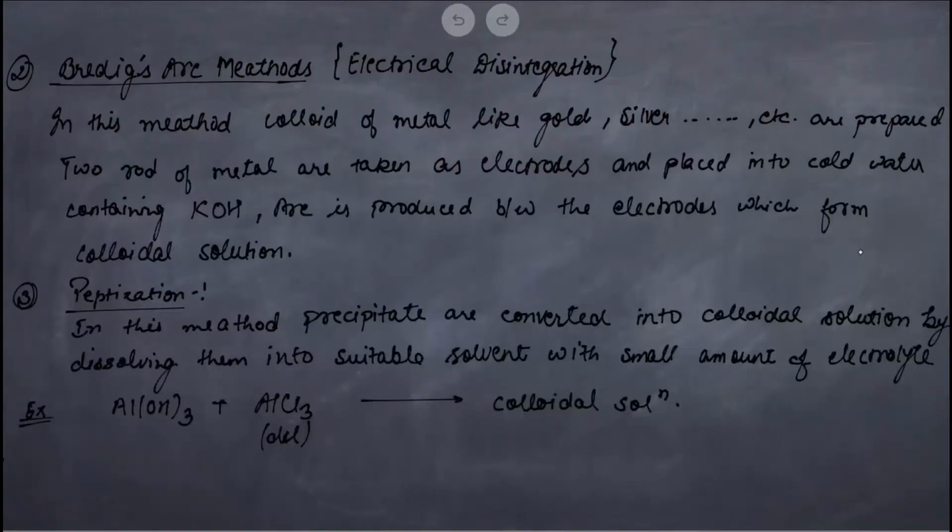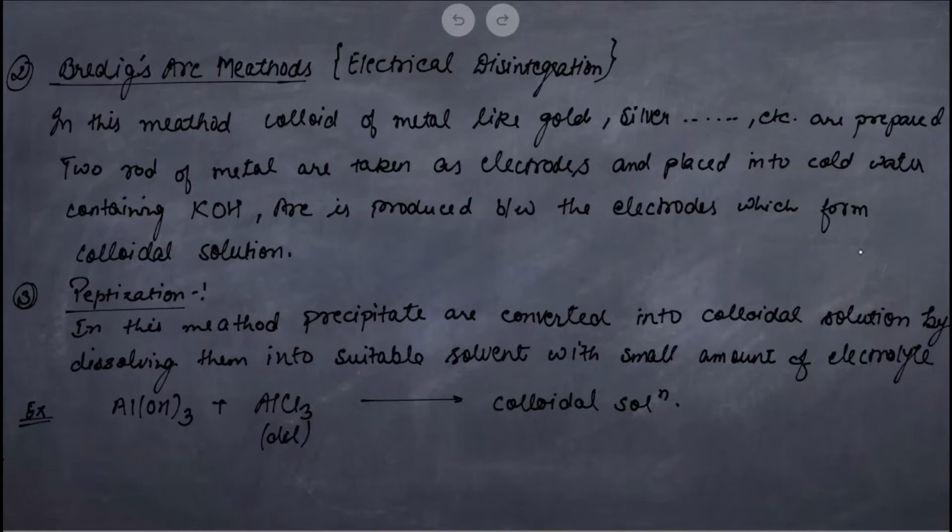The second method is the Bredig arc method. In this method, colloids of metals like gold, silver, platinum and copper are prepared. Here two rods of the metal are taken as electrodes and placed into cold water containing KOH solution. An arc is produced between the electrodes, which forms the colloidal solution.